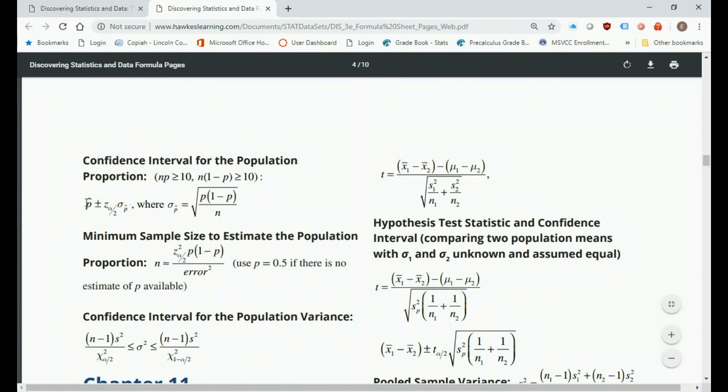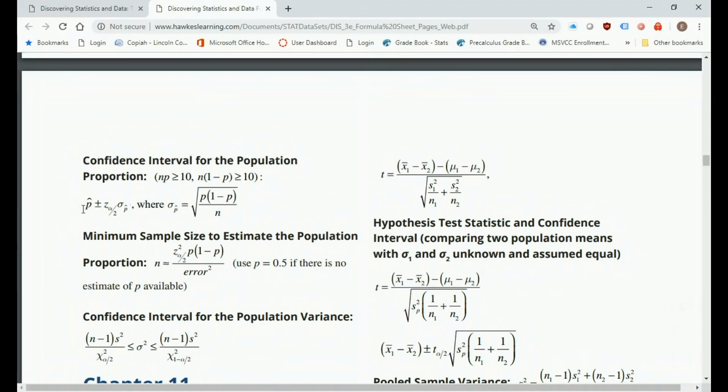So we need p hat, which we just figured out, that was the 0.210, plus or minus our critical z value times this sigma sub p hat, and then here's the formula for sigma sub p hat. Since we only have p hat instead of p, we'll just plug in p hat here.